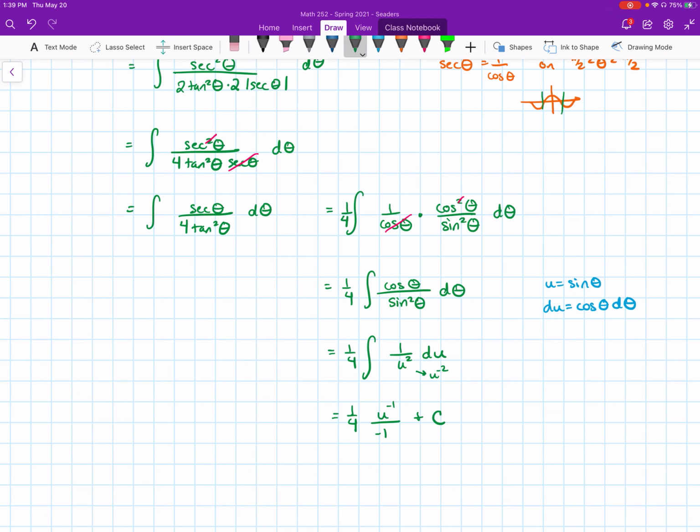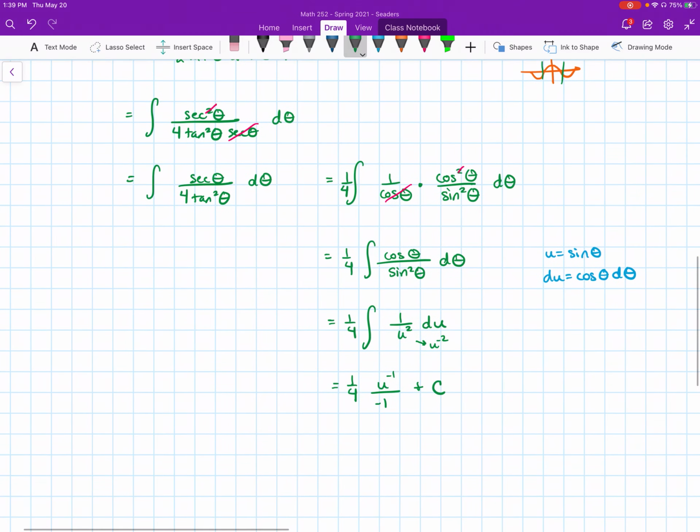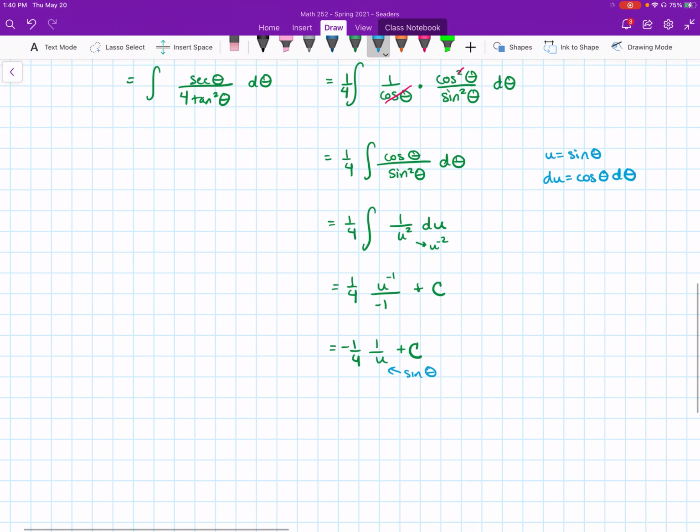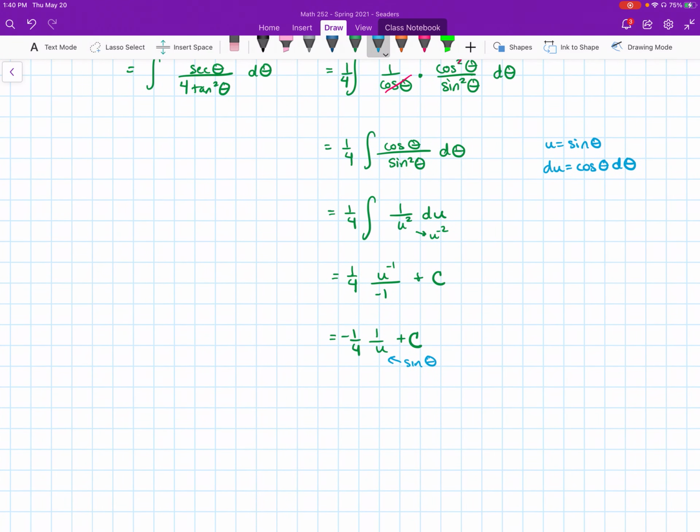Am I done? Well, not quite. I still have a lot of back substituting to do. So first of all, I'm going to sub back in for u. So I get this equals -1/4 times 1 over sine theta plus c.